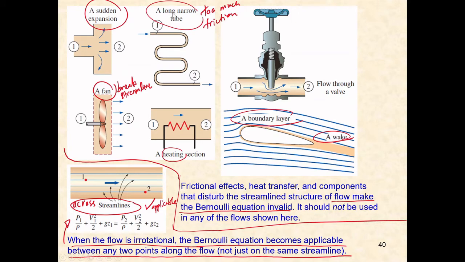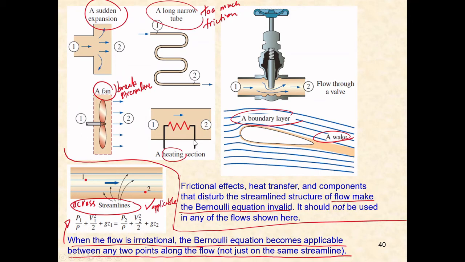The other one is a long narrow tube. The problem with this long narrow tube is that we have too much friction. And then the other one is a fan. If you use a fan, it will break the streamline. As we know, the Bernoulli equation is only applicable along the same streamline. So this case will break the streamline. Therefore, the Bernoulli equation may not be applicable.